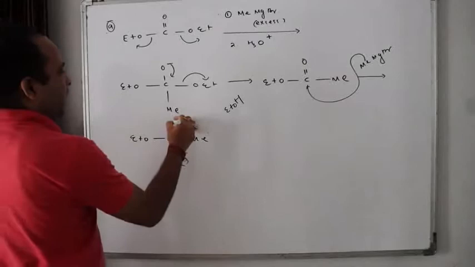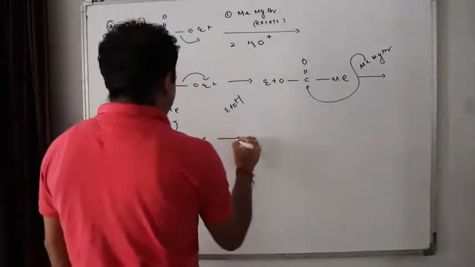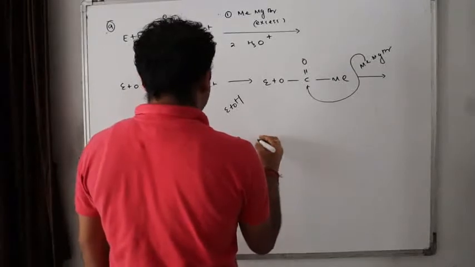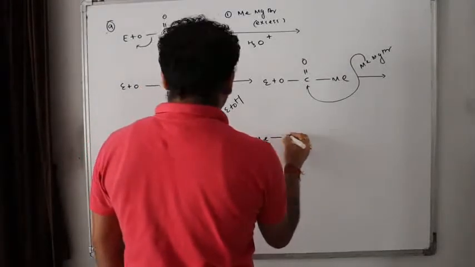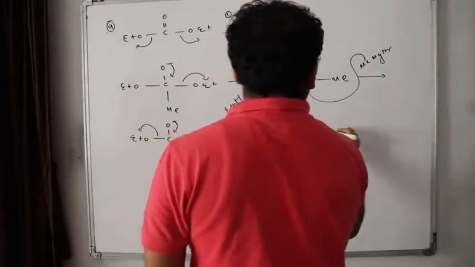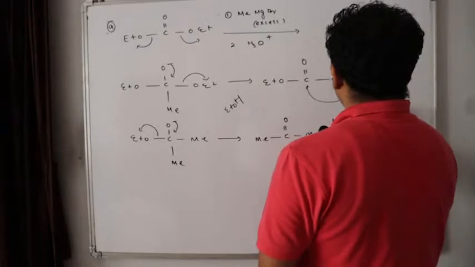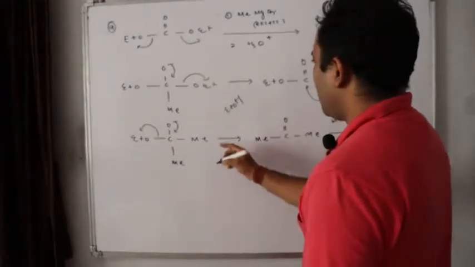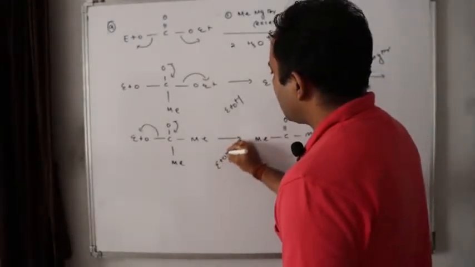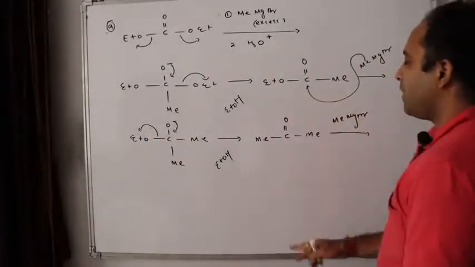Now, when this attacks again, what will happen? This will be thrown out. So here, what will happen? Methyl carbonyl methyl. Now again, we have MeMgBr. Again, here ethanol is thrown out. EtO minus is thrown out, and with hydrolysis it will form ethanol.